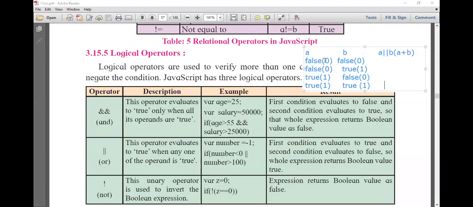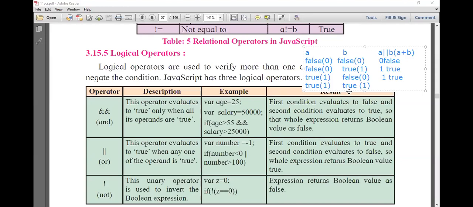Now see, false or false, your answer will be 0 plus 0, that is 0. 0 means false, right? Now 0 plus 1 means 1, so the answer 1 means it is true. 1 plus 0 means 1, so the answer will be 1, that is true.